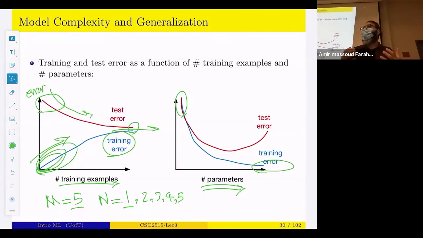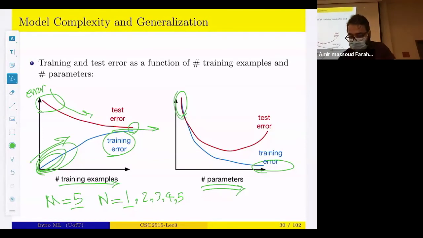But on the other hand, if we look at the test error, we see a U-shaped behavior. In the beginning, when the number of parameters is very small, we can't essentially perform a good prediction of the values for a new point because the data doesn't look linear, but we are using a linear model.